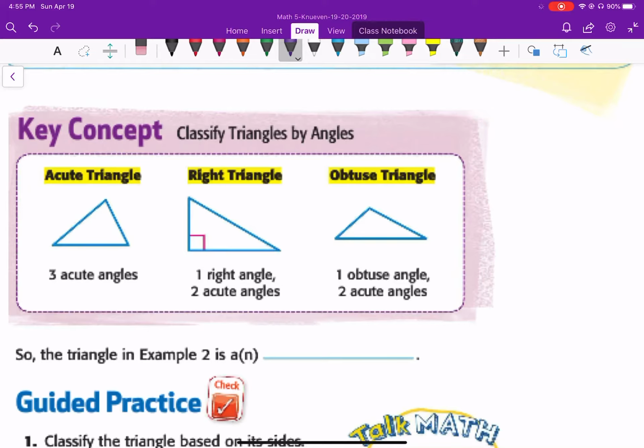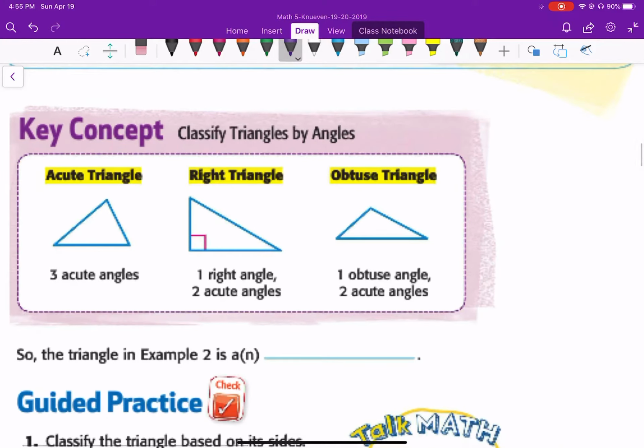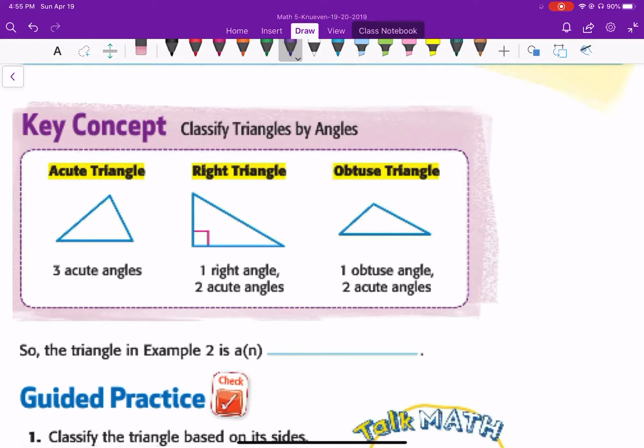Same kind of idea, but really an acute triangle means that all 3 angles of the triangle are less than 90. In geometry, we use degrees to measure angles, kind of like in distance we use feet or inches or miles.